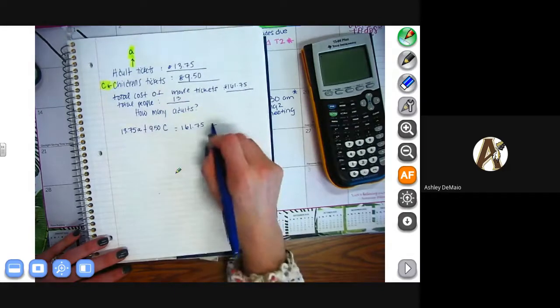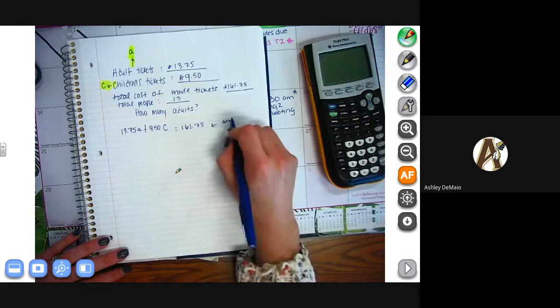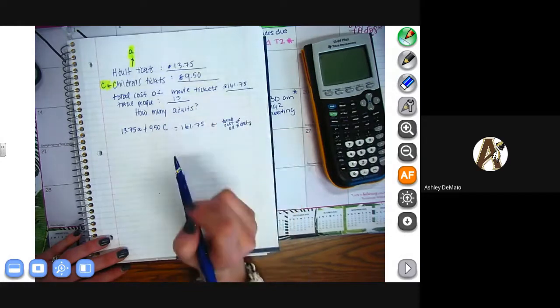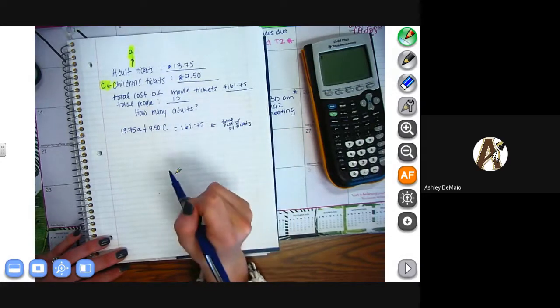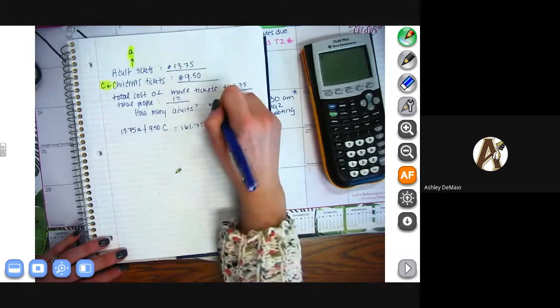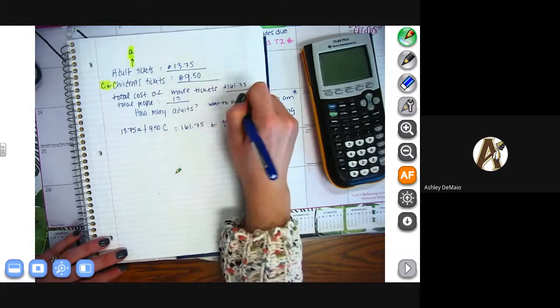This equation just represents the total cost of all tickets for everyone. If you notice, A is the number of adult tickets and C is the number of children's tickets. So we need to find A. We want to know, what does A equal?